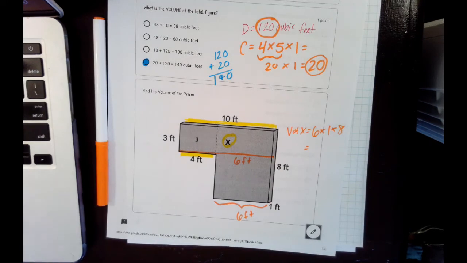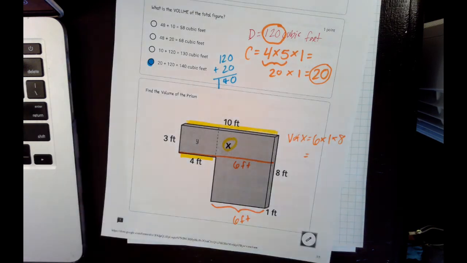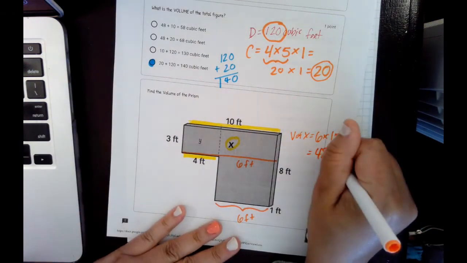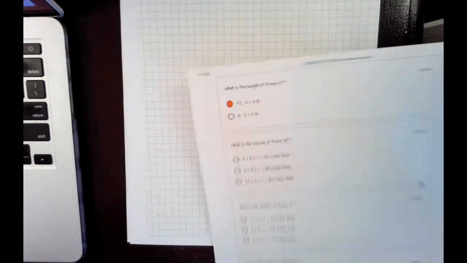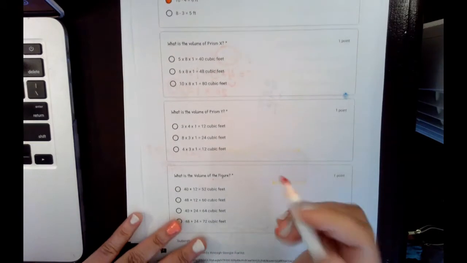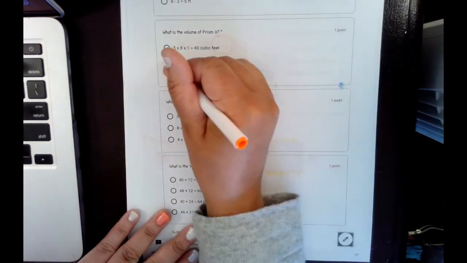If you're not really comfortable with your 6s or your 8s tables, just think, well, I know 8 times 5 is 40. So 8 times 6 is going to be one more 8, so that is going to be 48. And it's in feet, so we're going to say cubic feet. So let's turn over and see if we have that as an answer. Yes, 48 cubic feet.